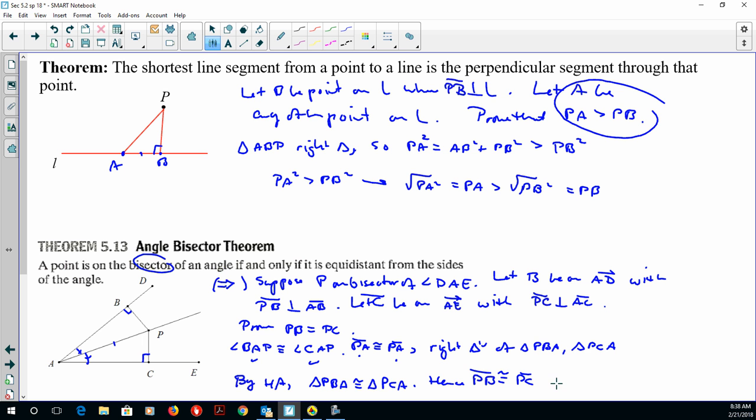And if those two are congruent, they're the same length.